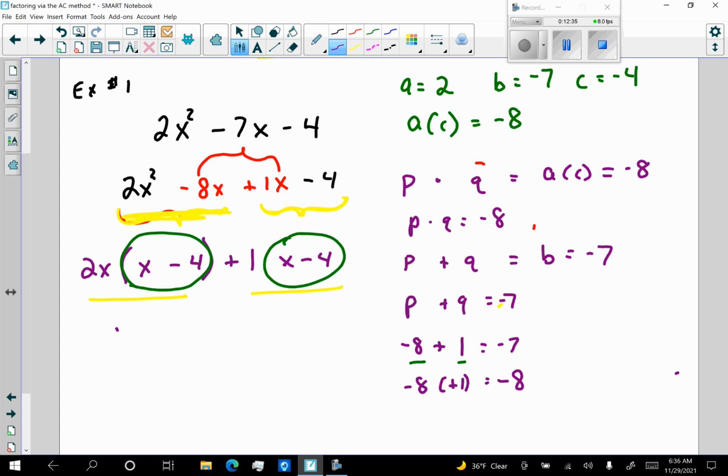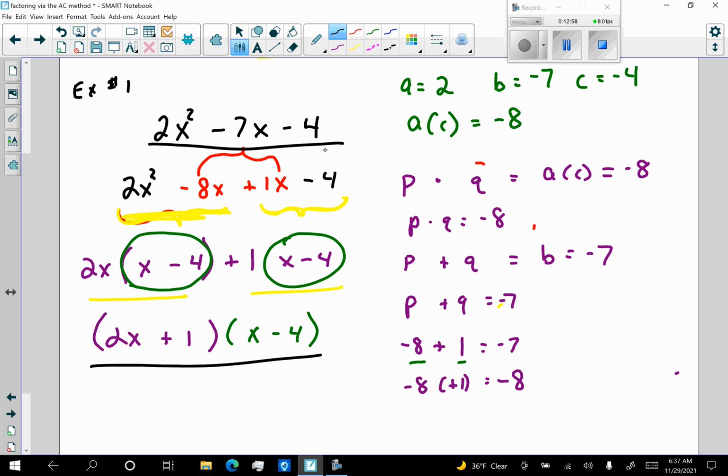I have 2x plus 1, and out of that comes this x minus 4, because I have x minus 4 times 2x and x minus 4 times 1. And this, ladies and gentlemen, is the factorization of this guy right here: 2x squared minus 7x minus 4.